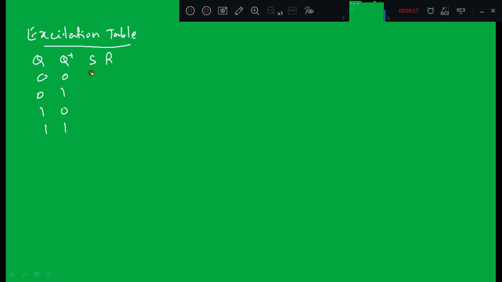So I'll rewrite the excitation table of SR. Q, Q plus: 0 0, 0 1, 1 0, 1 1. S and R: 0 don't care, 1 0, 0 1, don't care 0, right? So with this excitation table we are going to write our last table, which we call as the transition table.